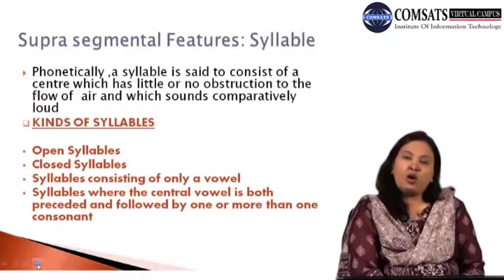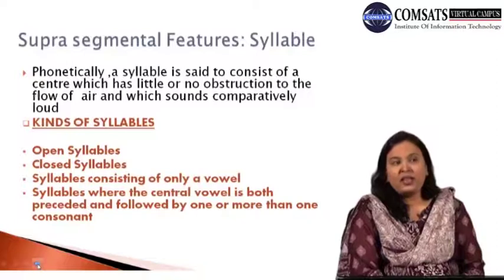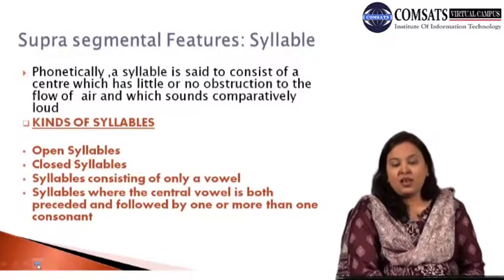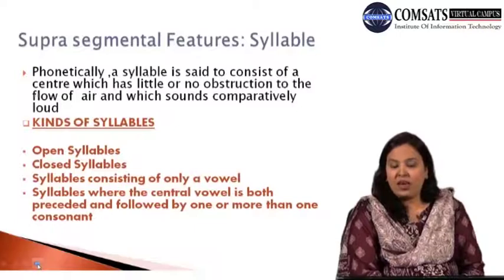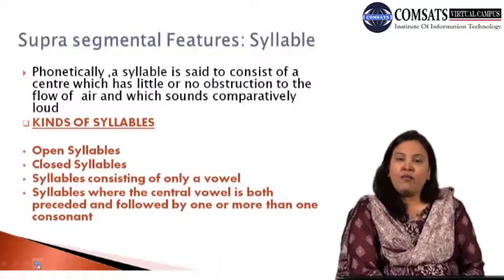According to the nature of these syllables, we have different kinds of syllables. There are open syllables, there are closed syllables, there are syllables consisting of only a vowel, and there are syllables where the central vowel is both preceded and followed by one or more consonants.